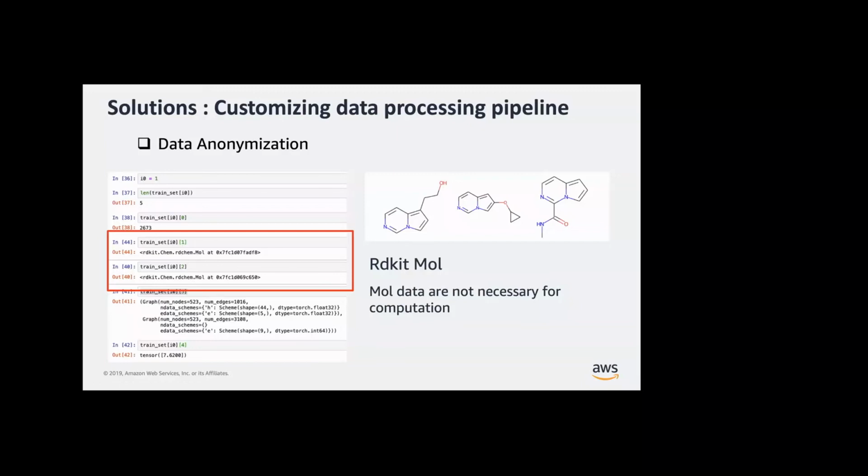Despite being unnecessary for graph neural network training or inference, the original script expects the PyTorch dataset to have the index 1 and 2. Both are used for RDKit mol data. The RDKit mol data basically shows something like this here.